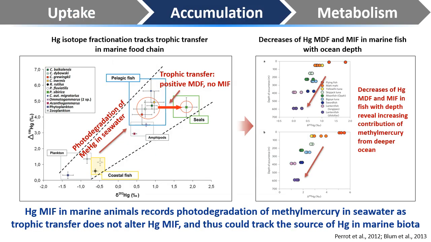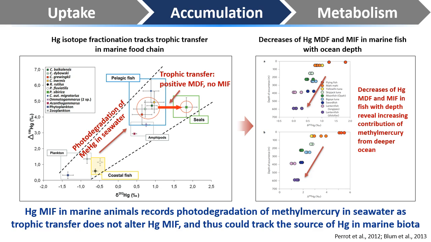And for accumulation, mercury isotope fractionation can track, for example, trophic transfer in the marine food chain. Importantly, mass-independent fractionation of mercury isotopes in marine animals can record photodegradation of methyl mercury in seawater, because trophic transfer doesn't produce any mass-independent fractionation.